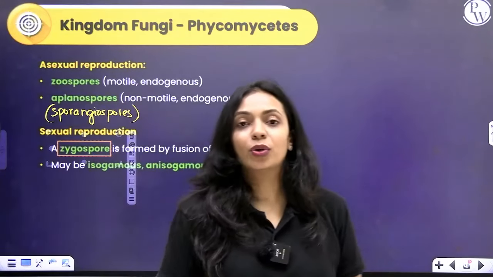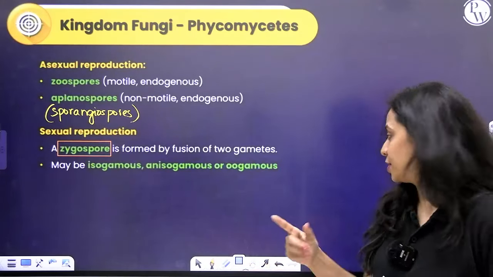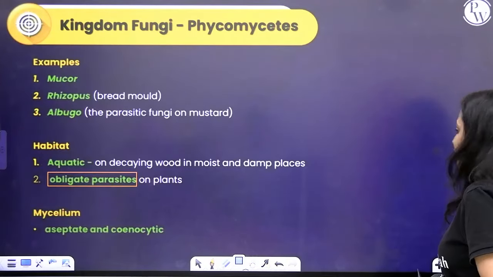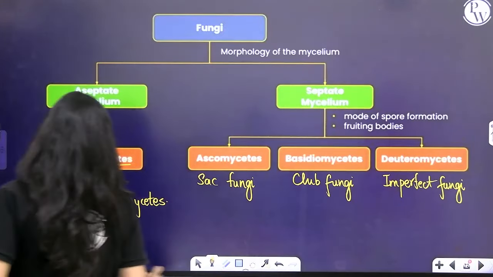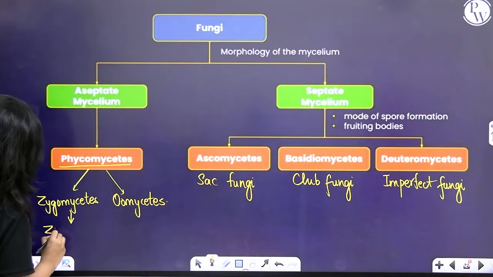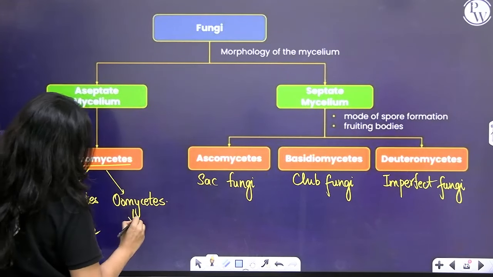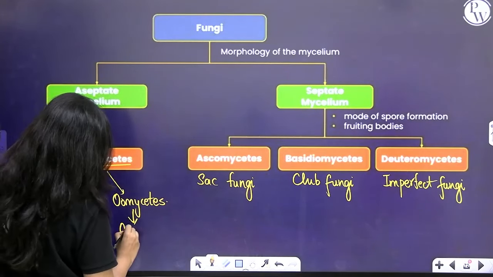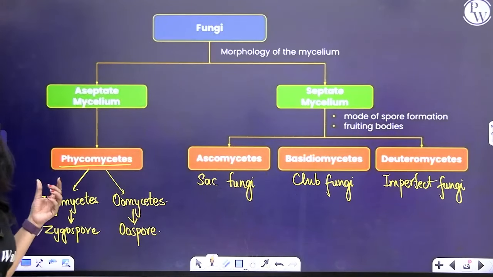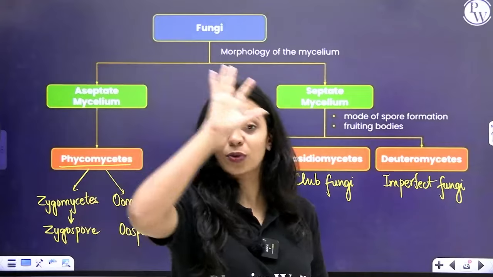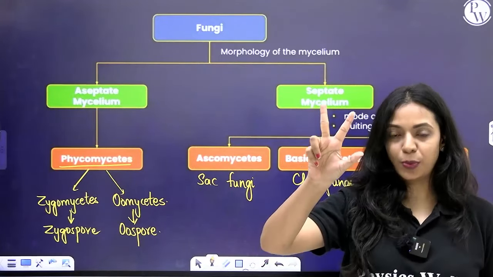Remember, I told you that within phycomycetes you have two groups, right? Zygomycetes and oomycetes. Actually, in zygomycetes, the type of spore that forms is zygospore, and in oomycetes, the type of spore that is formed is called oospore. There is a little difference. Okay, if you remember, when we did sexual spores, three types, I told you about oospore, ascospore and basidiospore.